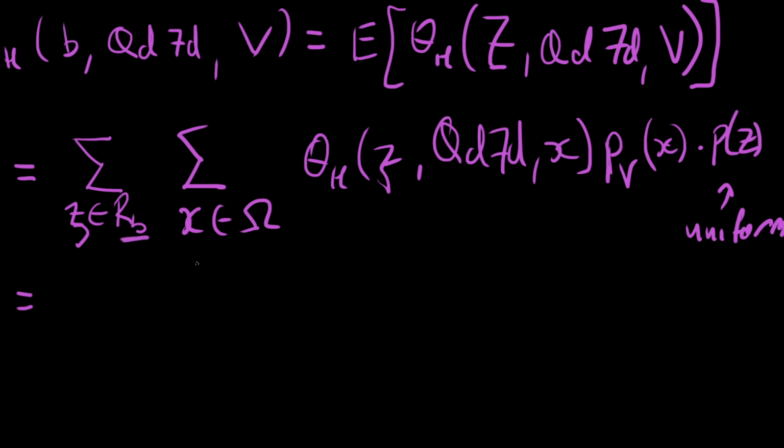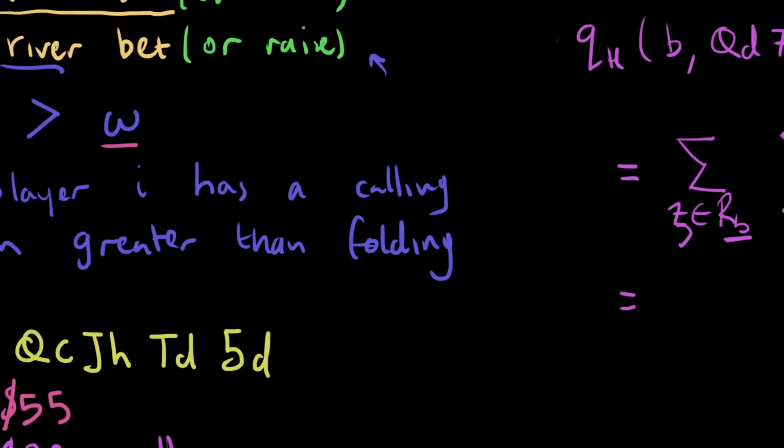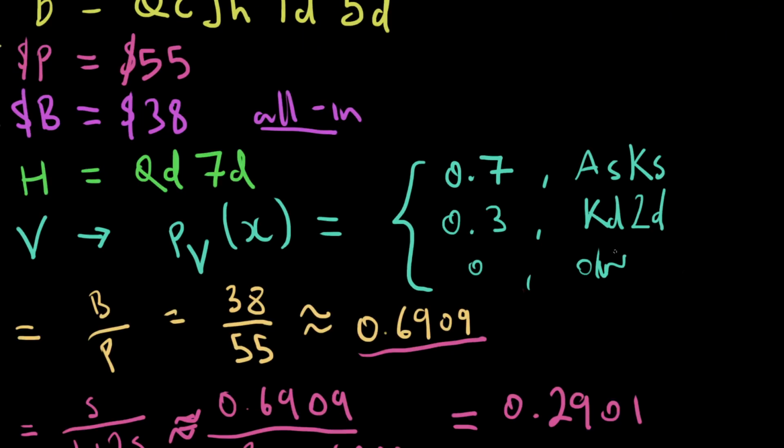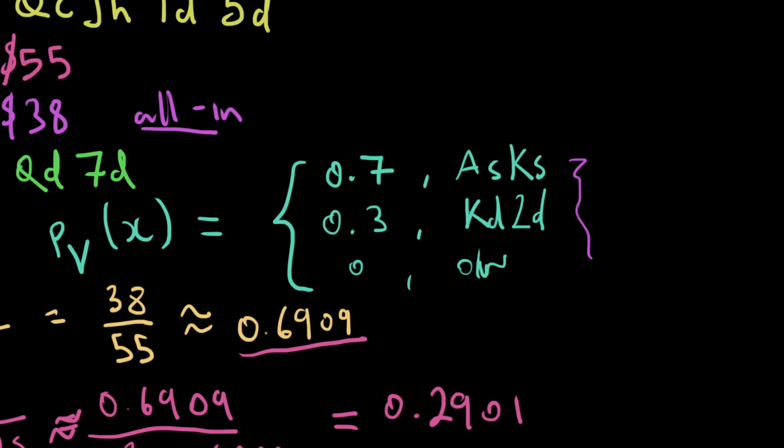RB is all the runouts, and we know what all possible runouts are going to be. And this is defined at the start of our question. We know what the ranges are from here. We know this information, so we just plug all that in.